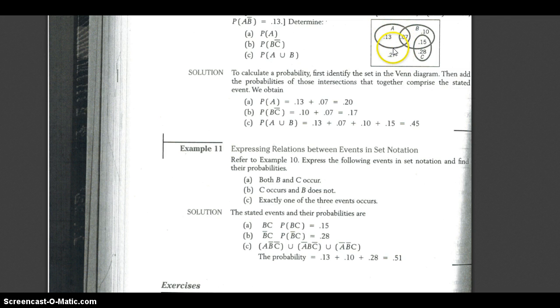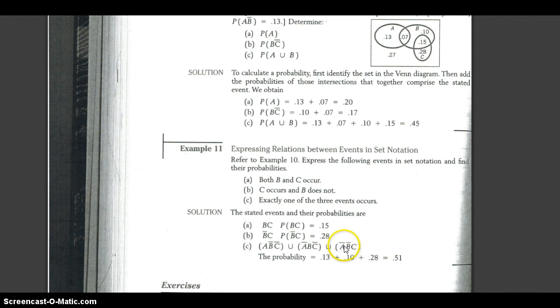The left part is not in B and not in C, but it's in A. That's why we have 0.13 for that. The second one is inside B, outside A and C. So we have to take A away and C away. That's this little middle section here, 0.10.